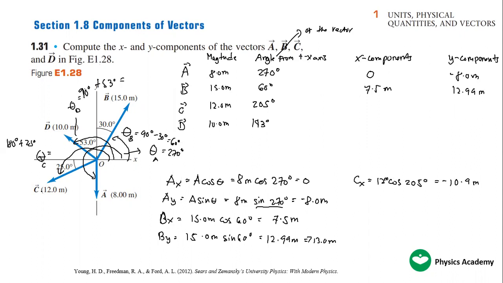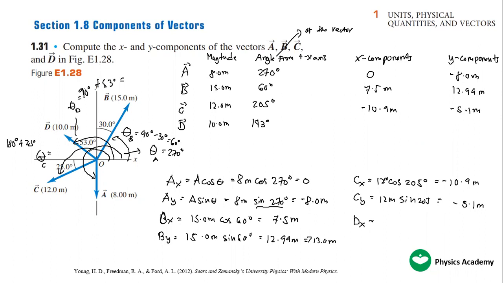And Cy is 12 meters sine of 205, which is negative 5.1. So we have negative 10.9 meters and negative 5.1 meters.